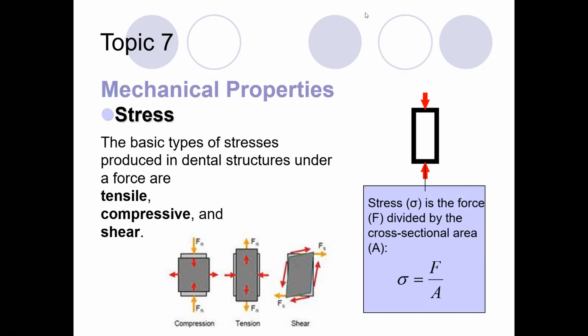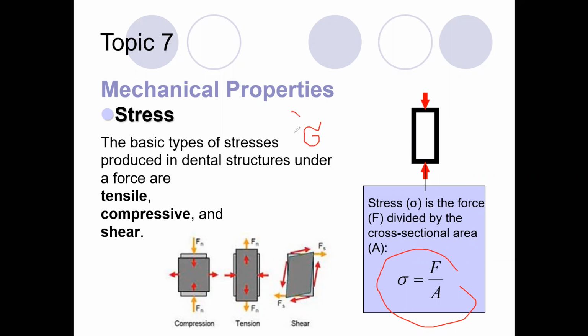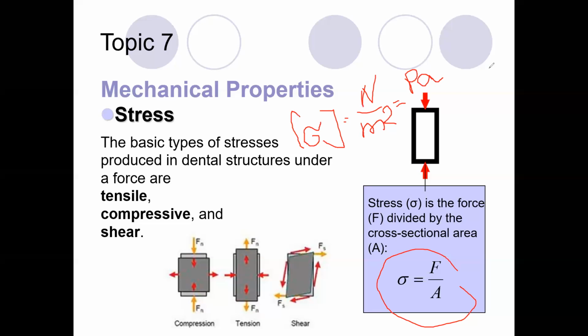Stress is the force applied to some area, and we have the formula that sigma is force divided by area, and the unit for sigma is Newton per square meter, and I think you remember it is Pascal. So the same unit as pressure.